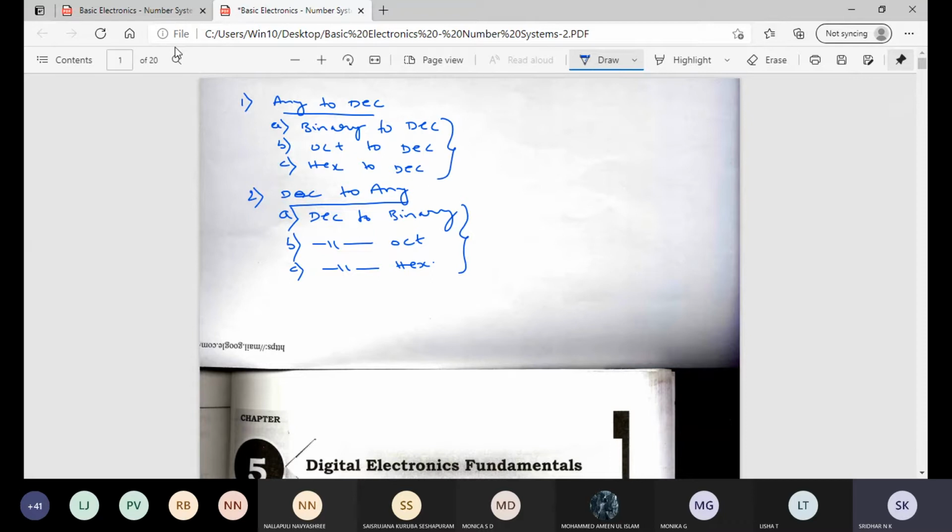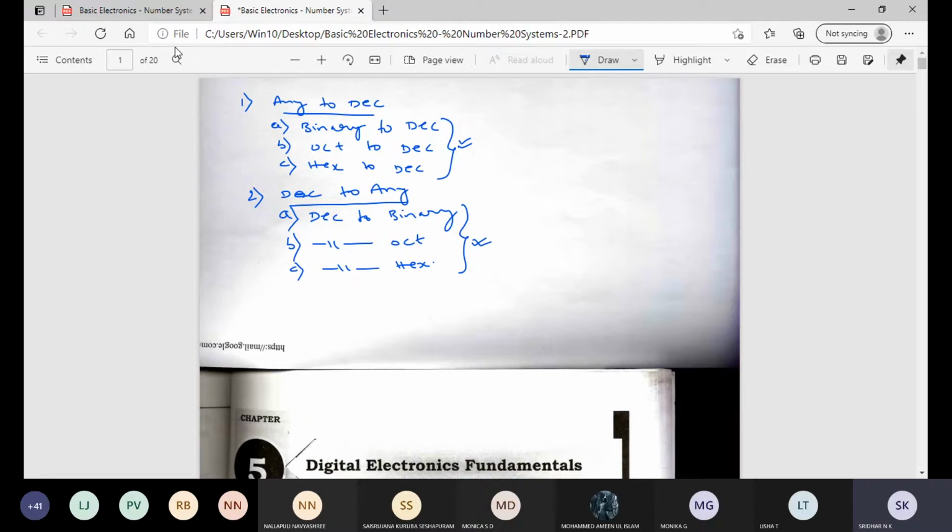Yesterday we have done with this. Okay, now the procedure for these three conversions will be same. But both are not having same procedure. This and this do not have same procedure. This is separate procedure and this is separate procedure, but for all these three conversions, decimal to any will be same, and any to decimal will be same.